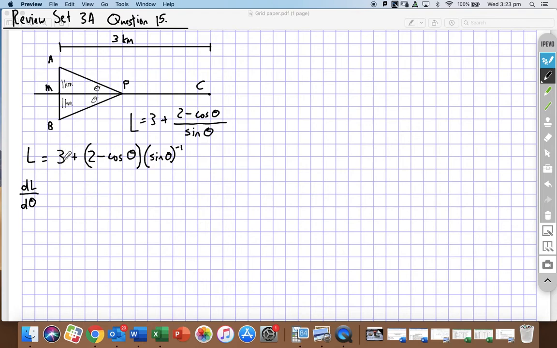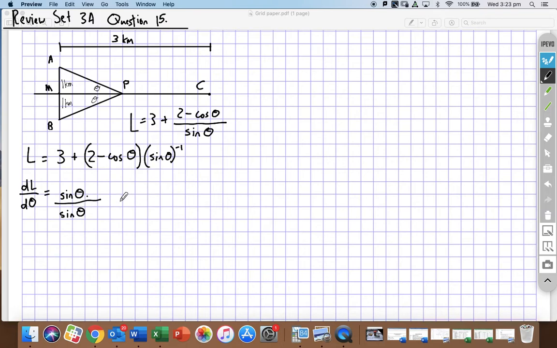Now, derivative of 3 is 0, so that's done. And then we've got this product here, right? This function times this function. So we need the derivative of that one, which would be, so the derivative of cos is minus sine, but we've got a minus cos. So we'd have sine theta times this function. Oh, this is nice. This will just equal 1.